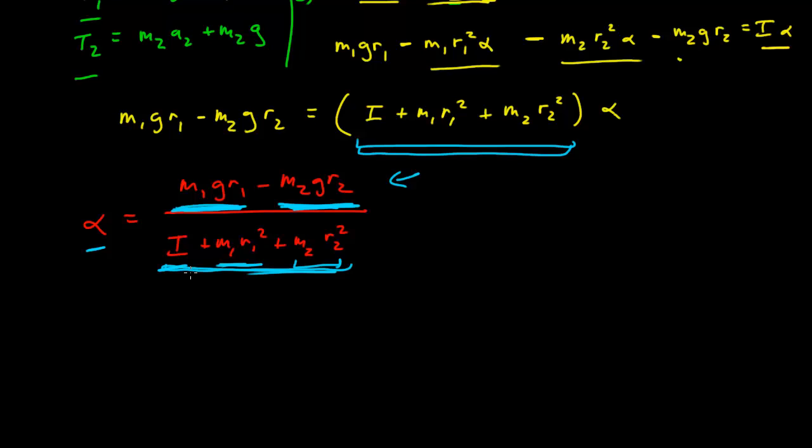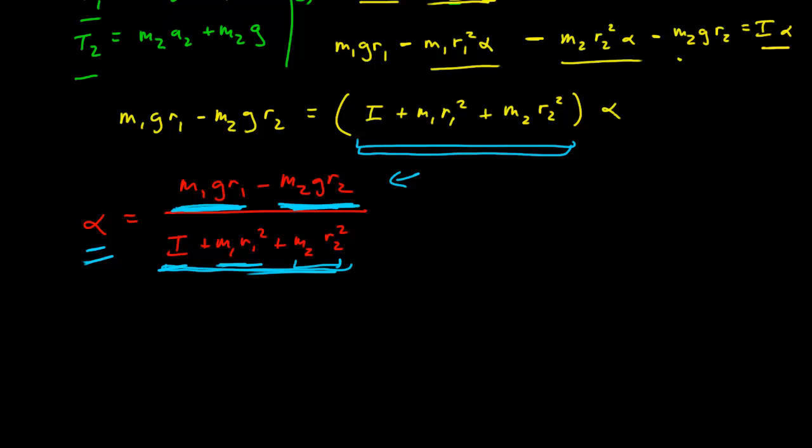You don't plug in numbers. You always keep your terms till the end, so that when you get an expression like this, you can look at the different terms in your expression and see, do they make physical sense? Are they contributing in the way that is logical given the context of the problem?